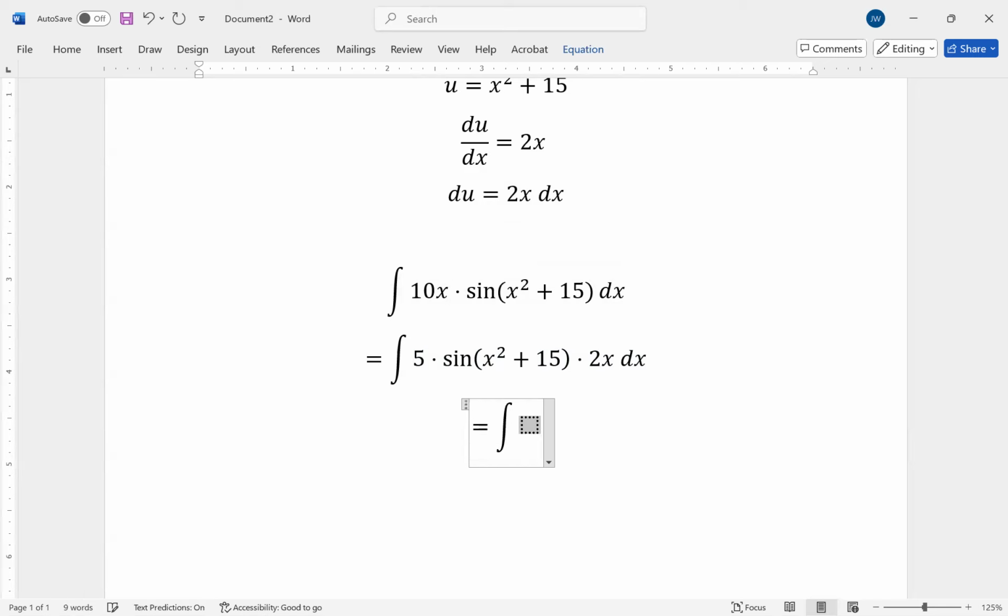So when I substitute, I'm going to get 5 times the sine of u times du. 5 sine u du. And I want to integrate that. The antiderivative of sine is negative cosine. So negative 5 times the cosine of u plus c is the antiderivative, or the class of antiderivatives.